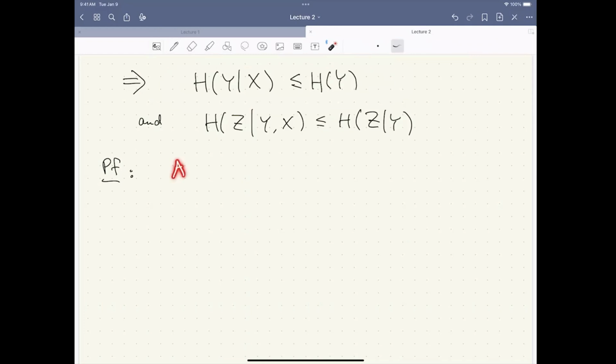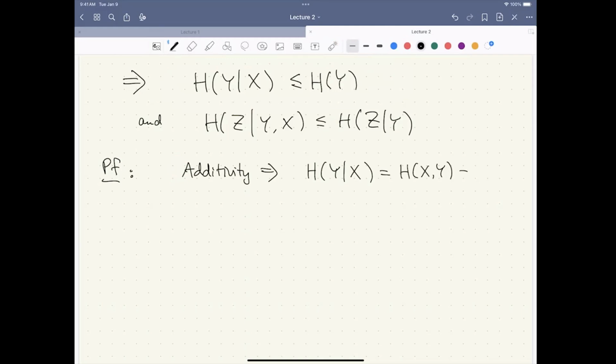Additivity implies that the left-hand side conditional entropy equals the joint entropy minus the entropy of x. The information we get from y on top of x is the joint information minus the information we've already obtained from x.